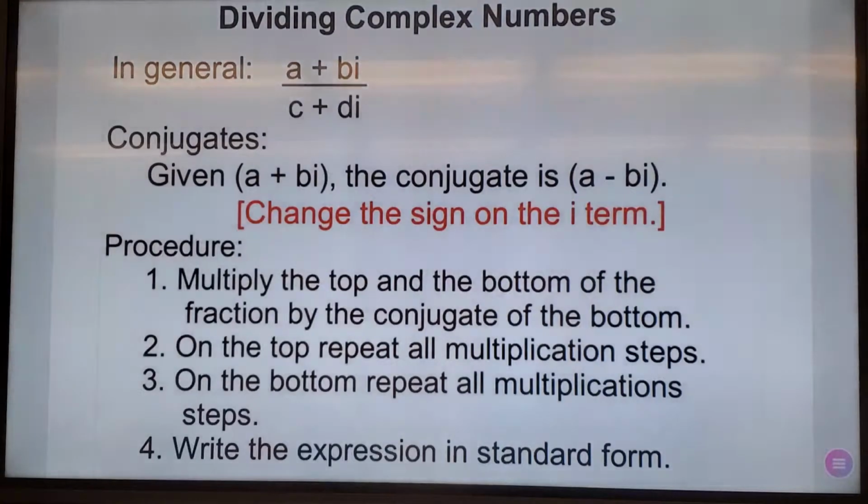You are going to change the sign on only the i term. I don't want you to change the sign on a number in front, so that a value, whatever it may be, will still stay a, but the conjugate is going to change the sign on the b term. The conjugate of the denominator for that general equation there, if I have c plus di, then the conjugate would be c minus di.